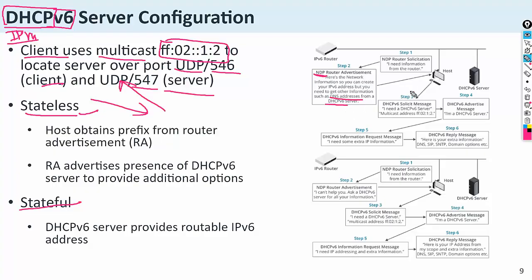After the client gets the information about the router, DHCPv6 will send a solicit message, meaning I need a DHCP server, where is it? The first time it cannot take the IP address, so it will send to the broadcast address.